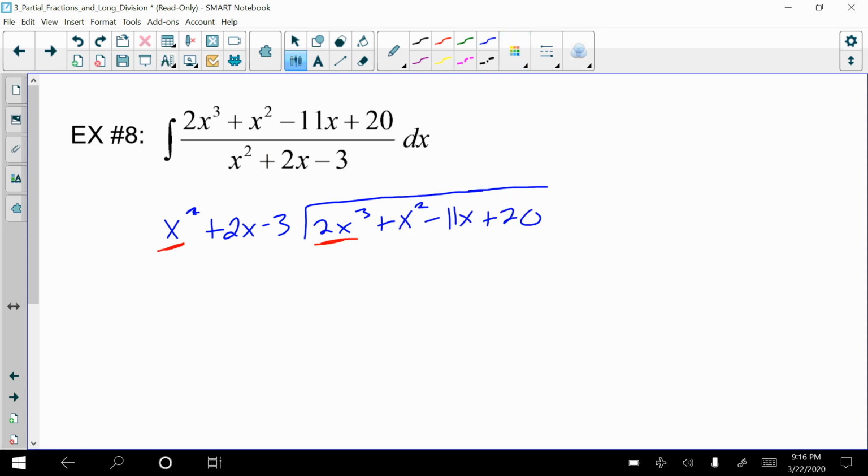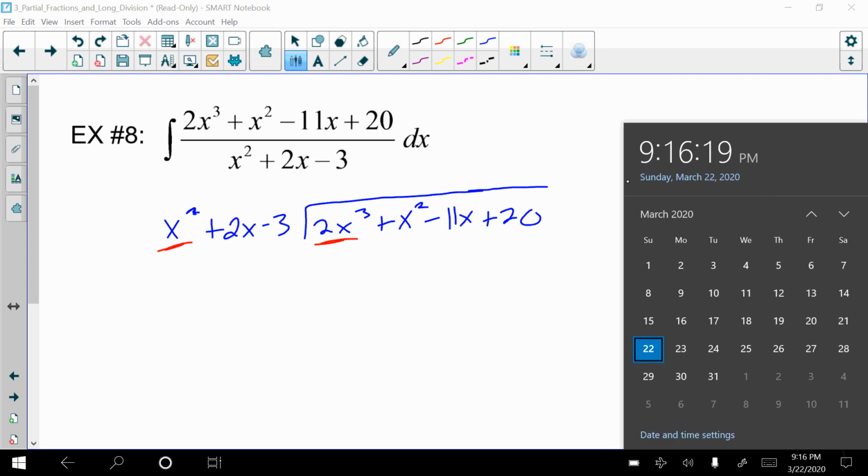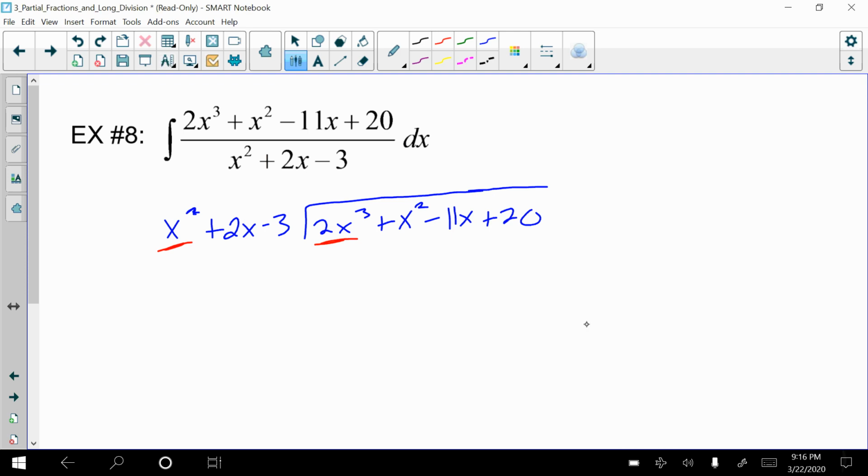So I'm going to compare the leading terms to each other as a ratio. In this case, I would say 2x cubed over 1x squared, and I would just simplify that ratio, which would simplify to be 2x. So I'll take that 2x and I'll put it over the x column of my dividend, really. And now we multiply.